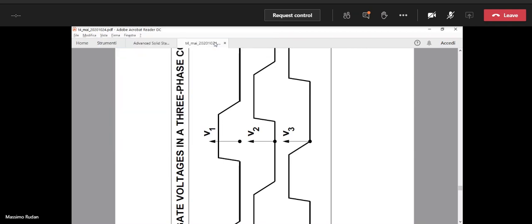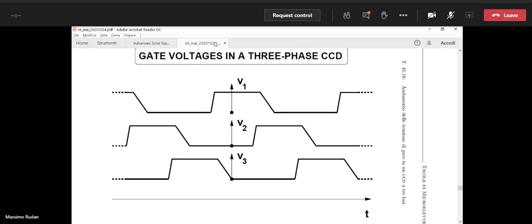To move the packets, instead of keeping the phases fixed in time, we start changing the value of the phases. Okay, so you remember when we were considering the previous figure, we were in a position in which V2 was high and the other two phases were low. So we were between this point here in time and this point in time.